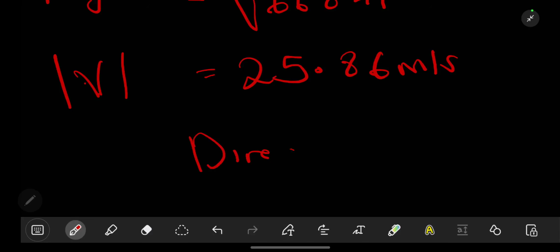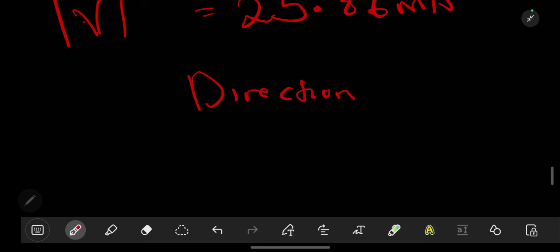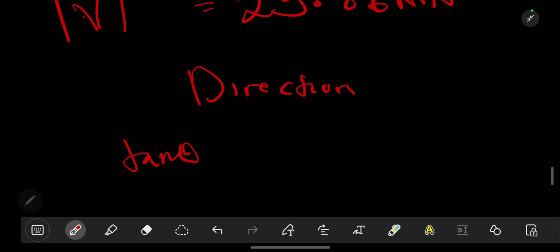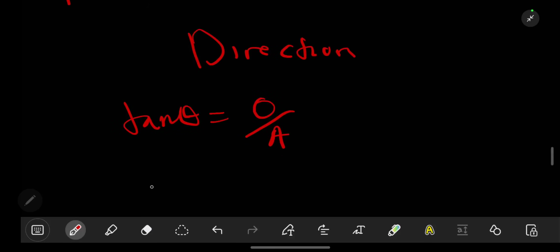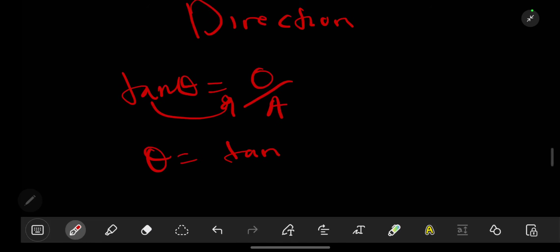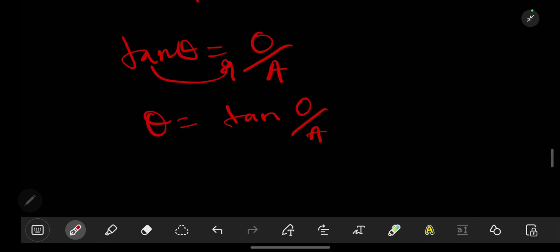Then to find the direction, never forgetting vectors, your tan of theta should be equal to opposite over adjacent. To find the direction is the angle, so theta should be equal to tan inverse of opposite over adjacent.